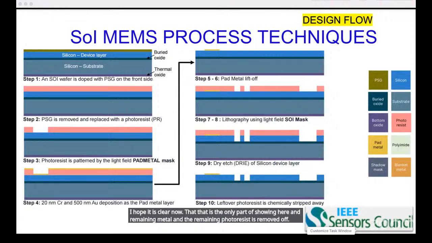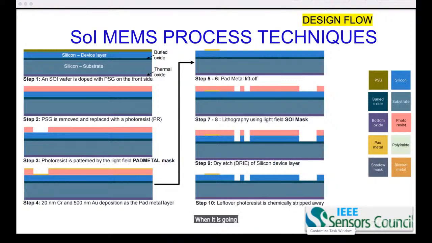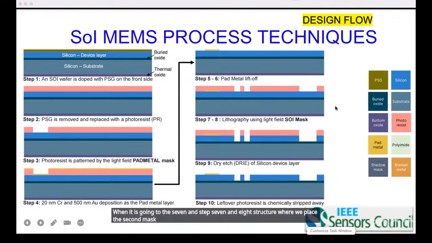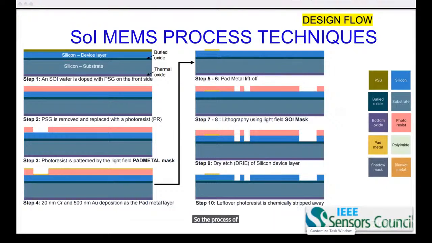When it goes to the step 7 and 8 structure, we place the second mask. So the first mask is the pad metal mask, where we create the metal contacts as the first step of the SOI MEMS process.